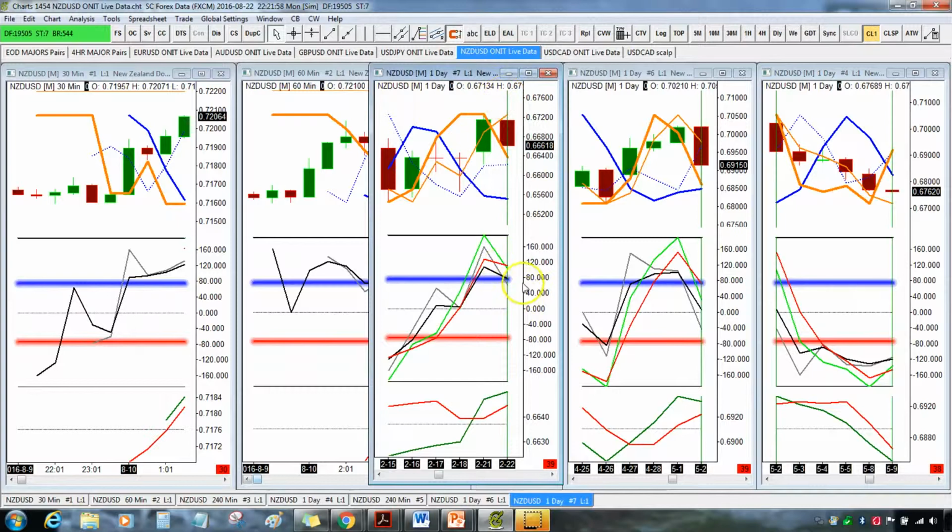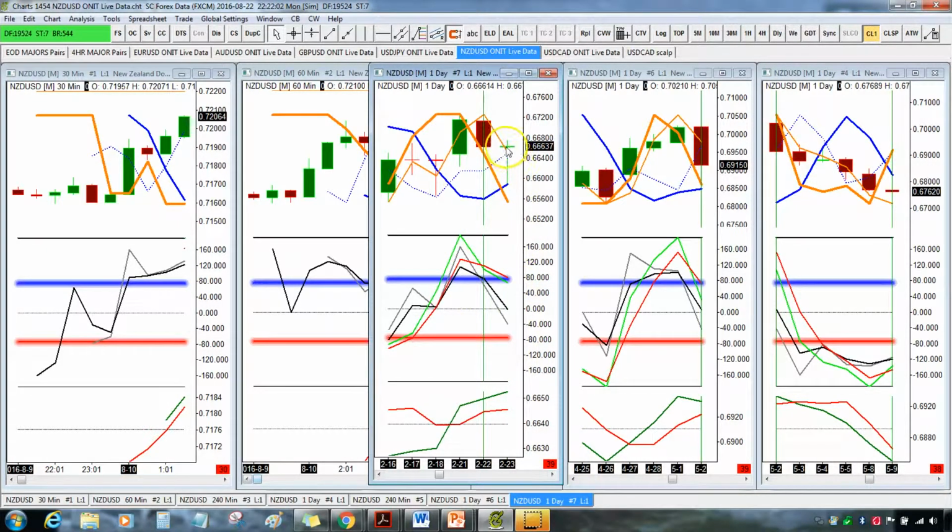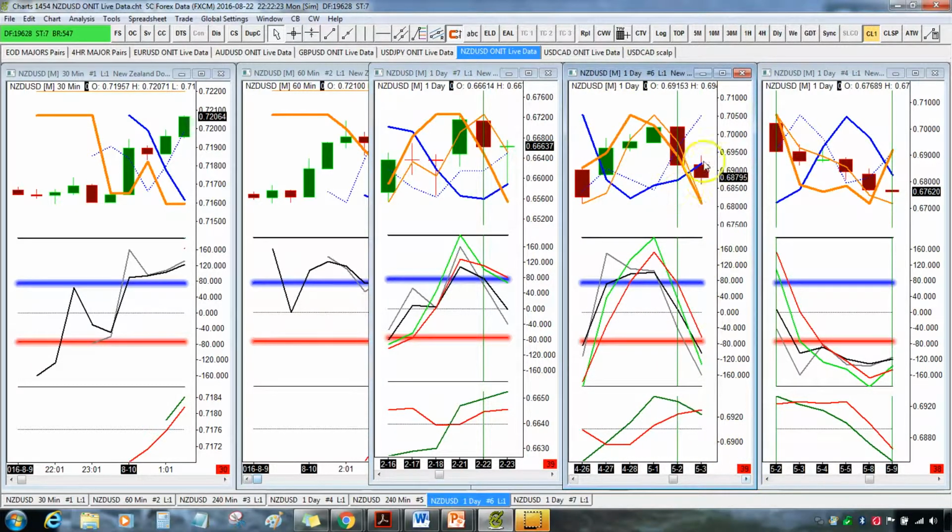So New Zealand dollar, here's our signal to go short, and it may be hard to see. It actually ended ever so slightly green, but take a look at that big long shadow. Massive move to the downside, right? So our indicators notified us of that great move before. Here's another sell signal.